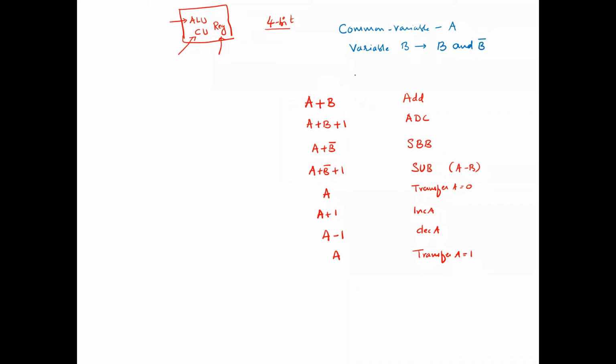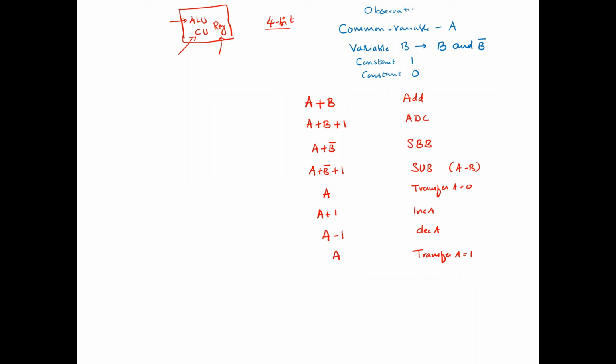And which were the other parameters? There is some constant also, right? We have a constant 1, and we have a constant 0. But for the common variable, we don't have A and its complement of A, if you look at all 8 expressions. So these are my observations.